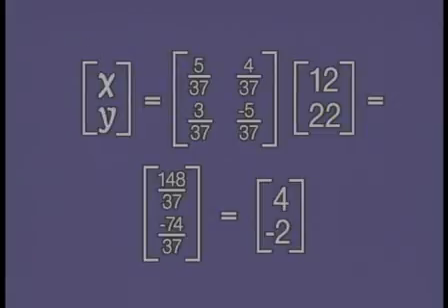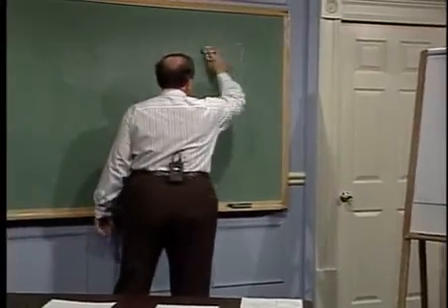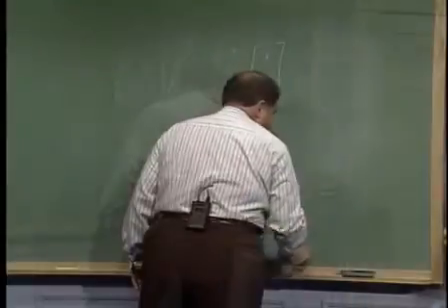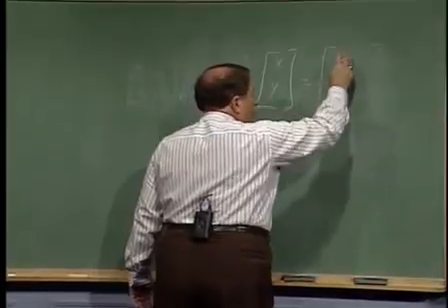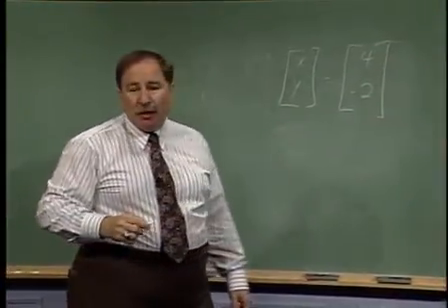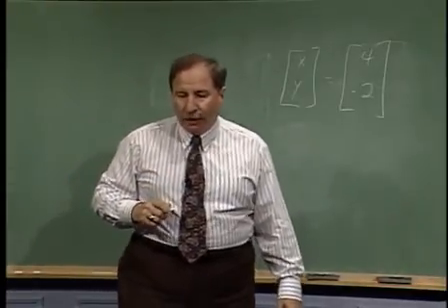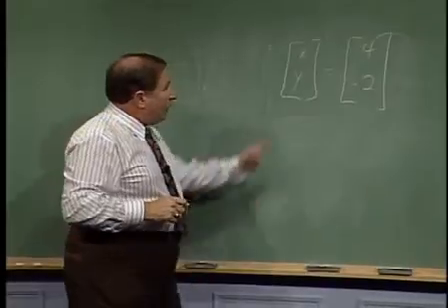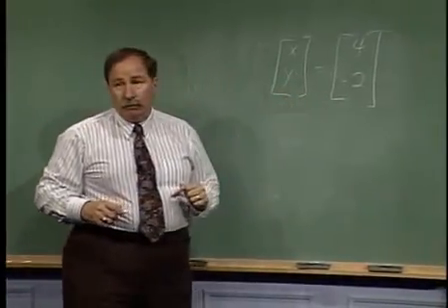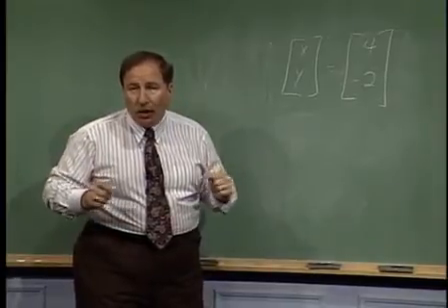So let's go back to the board, and let's replace this mess over here with the answer we got, which was 4 and negative 2. That was the column matrix we got when we multiplied the inverse times that 12, 22 matrix. If I have two matrices that are equal, they have the same number of rows, the same number of columns, they are equal, what does that mean?